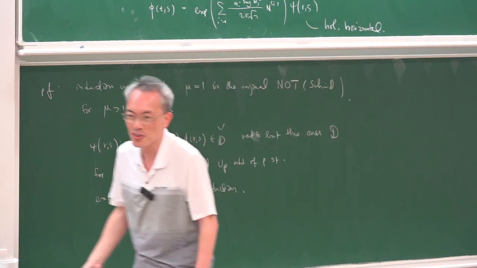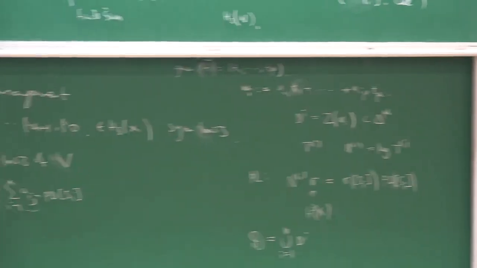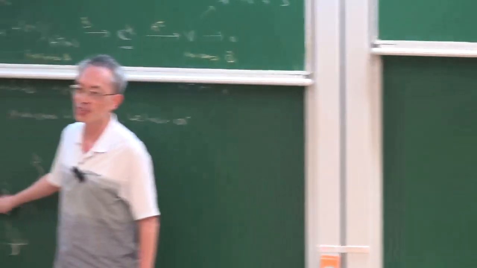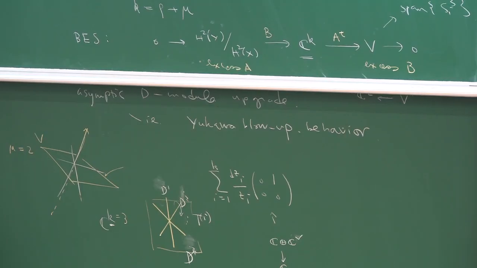Okay, it's very, very trivial. Because once you have that, I take a point. If it's not in the axes, so outside everywhere, I will already have the extension by induction. So the whole point is what happens when P is on the axes.